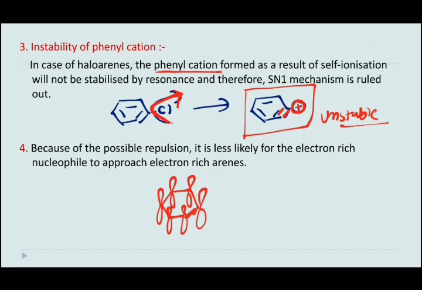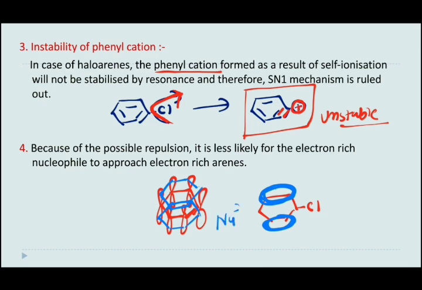That means the pi electron density of this benzene ring is present above and below this ring. So in this haloarene, its pi electron density is present here and also on the downside of the ring, and obviously this is electron density, which means it is negatively charged.